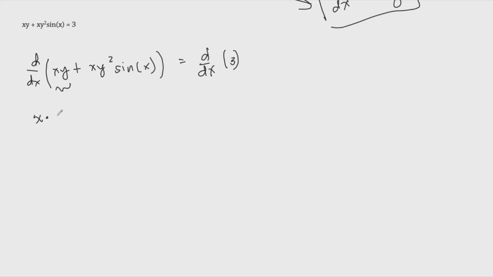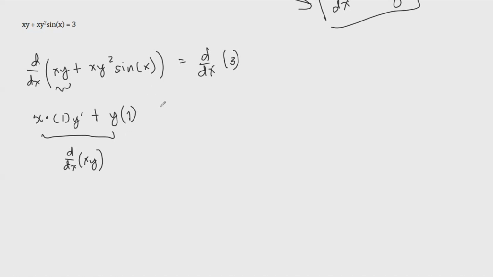For the sake of this problem, let's just add 1 and then y prime. And then I'm doing product rule, so I have to add and then copy y, and then the derivative of x is simply 1. So the derivative of xy is this term here.